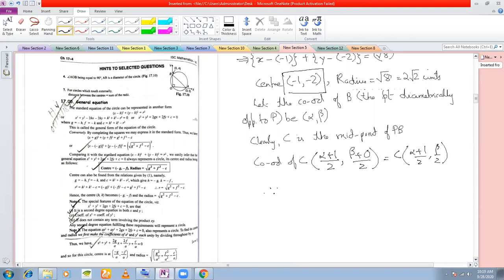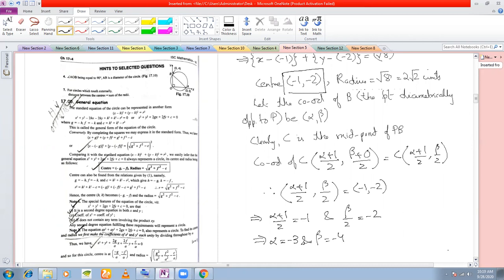Minus 1, minus 2. So therefore this must be equal. From here you will get (alpha plus 1) by 2 equal to minus 1 and beta by 2 is equal to minus 2. So you get alpha is equal to minus 3 and you get beta is equal to minus 4.